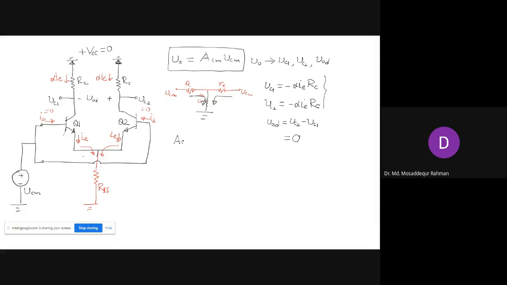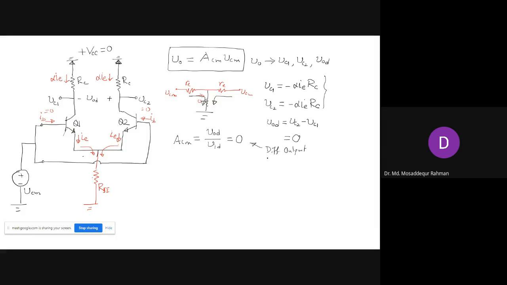So your ACM, the common mode gain, when you take the output differentially, is 0. So that is true for differential output, right? The common mode gain due to differential output voltage is 0.